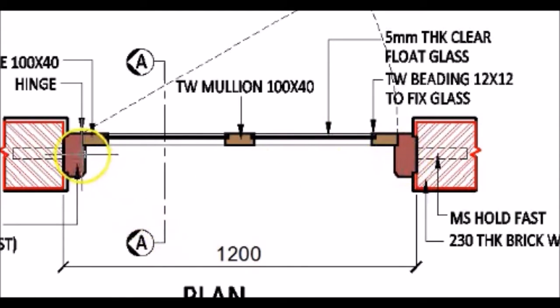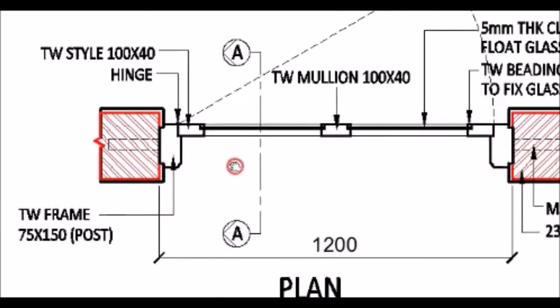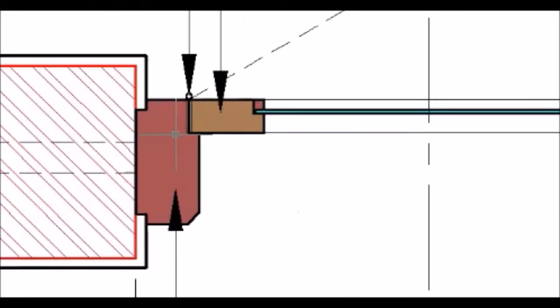This teak wood frame is of a size of 75 by 150. So this dimension is 75 and this dimension is 150. You will see the details of the frame when you see the profile of the frame.